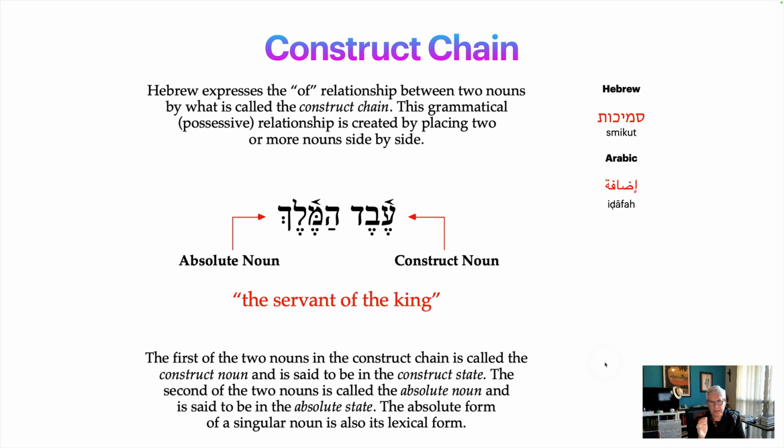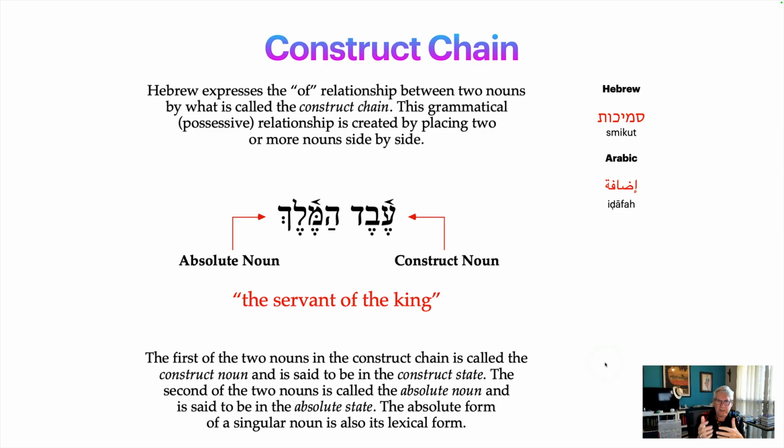Now we'll talk about where the "the" comes from in a moment, but the principle is just to identify the idea that two words put side by side create a construct chain. As I've also mentioned in earlier weeks, we do a little bit of this with words like train station, bus station.